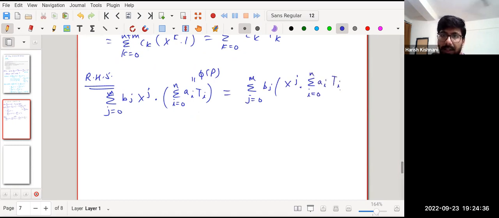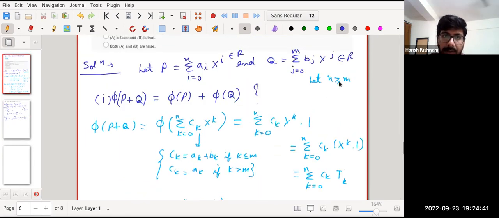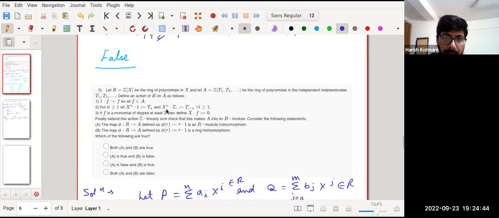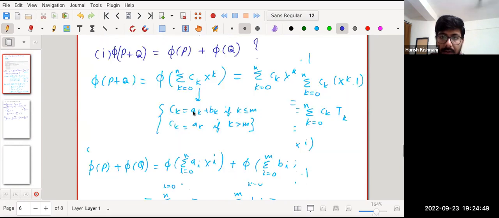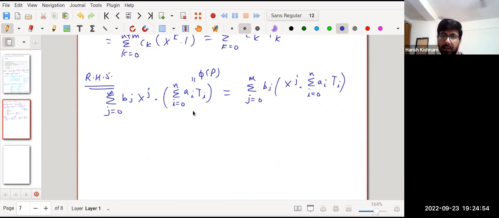And how this action was defined, xj ti was ti plus j, right? Yes, sir. Okay, so you will get it for each j. This will be bj summation over i equal to 1 to n ai t i plus j.